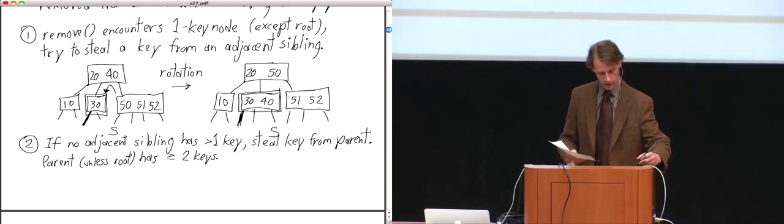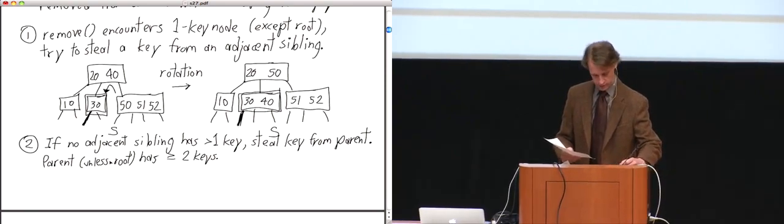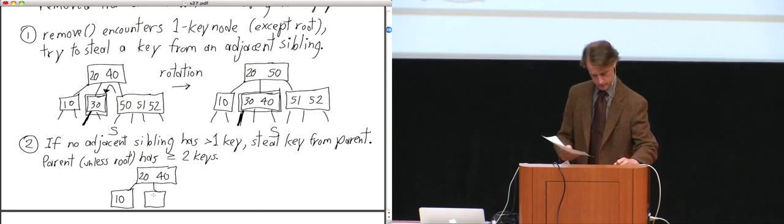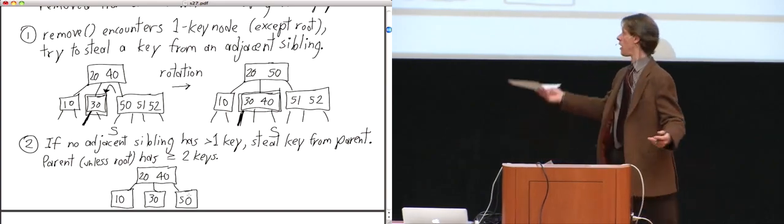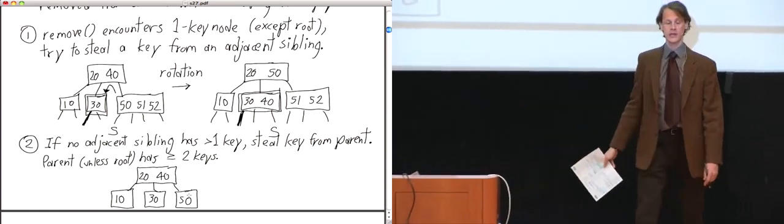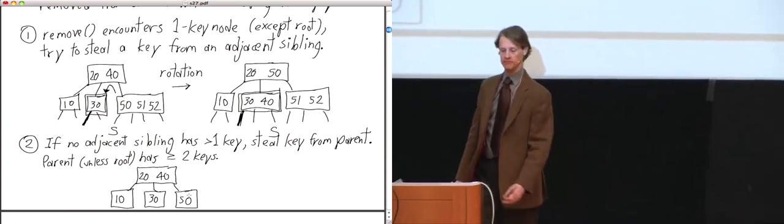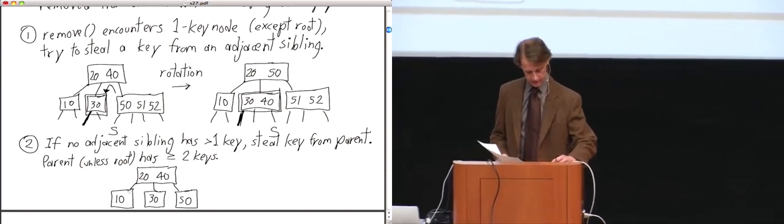So coming back to part 2, here's what we do when your siblings only have 1 key. In this example, all three of these children only have one key, and let's suppose I'm visiting the leftmost one.